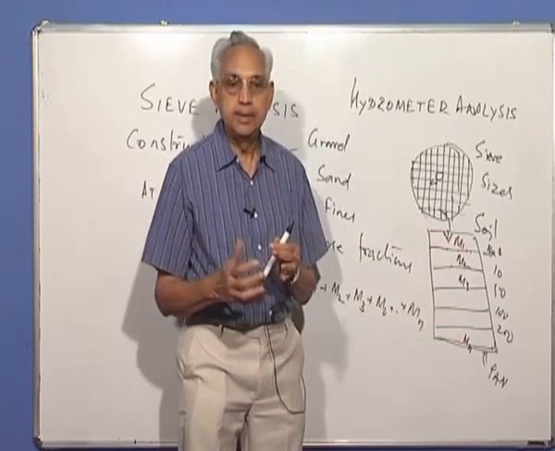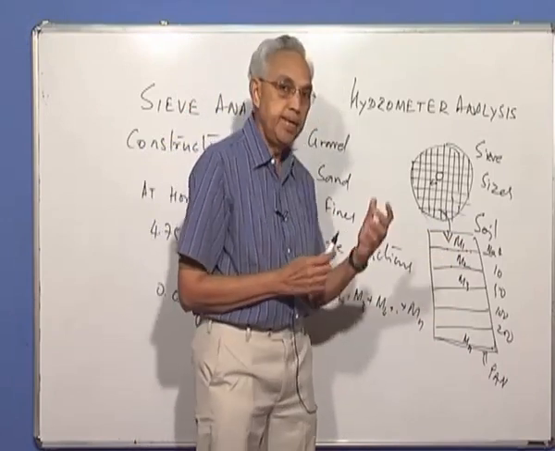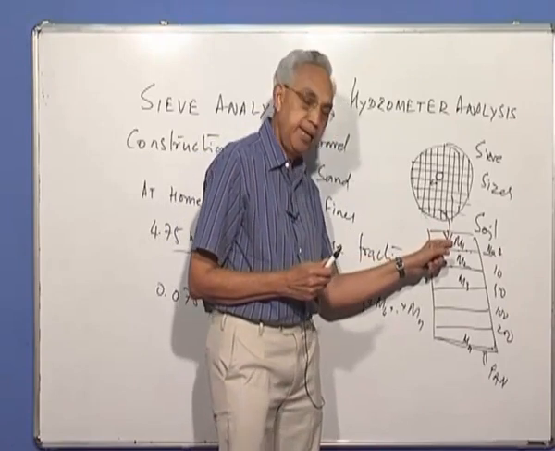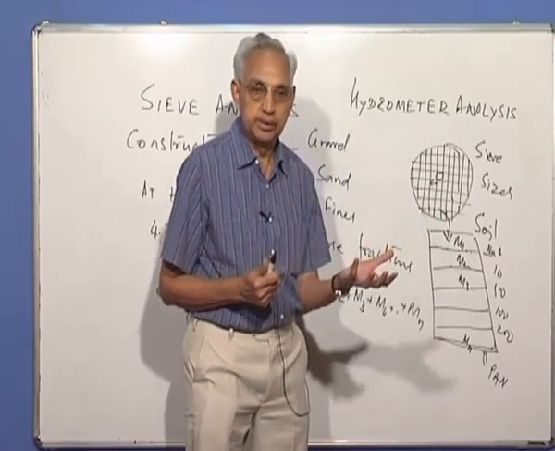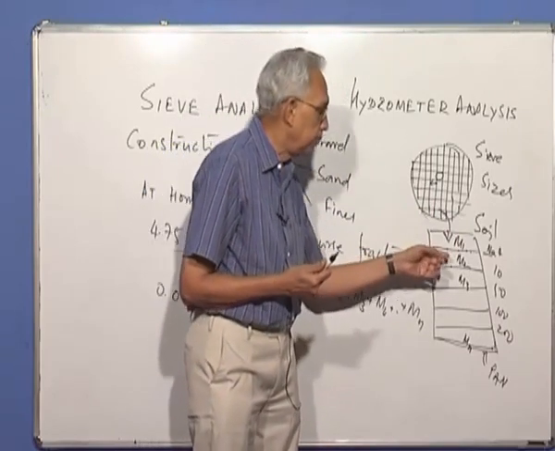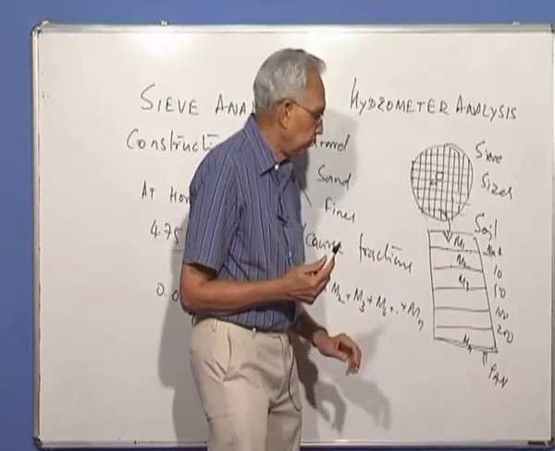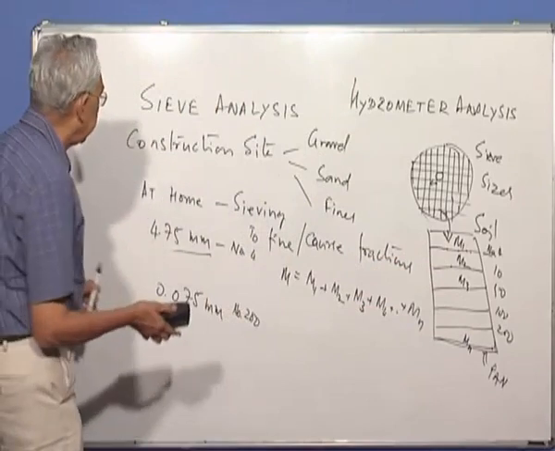I take the soil retained on the sieve, put it in a pan, take it to the balance and measure it. Then I'll find M1, let's say 6 grams is retained on the topmost sieve, which is a 4.75 millimeter size, maybe 11 grams, 18 grams, 16, etc. Then we try to calculate what is called percentage retained.